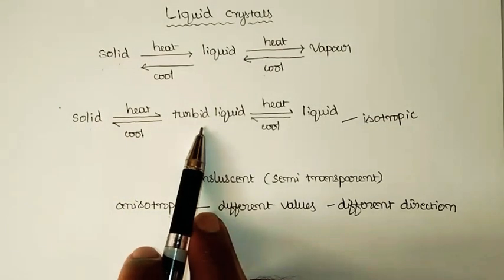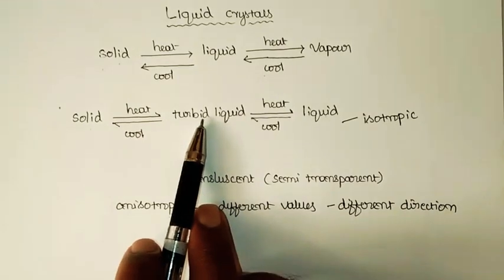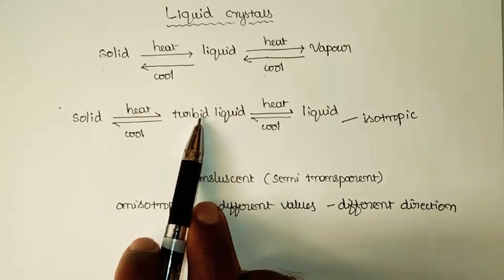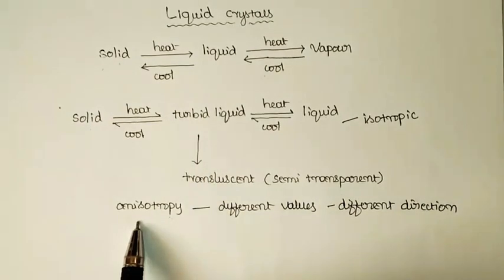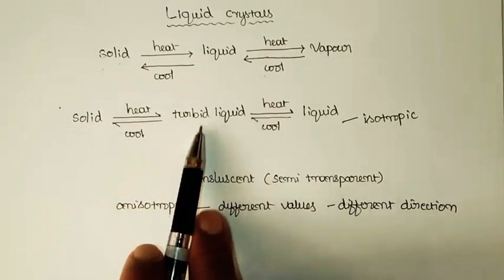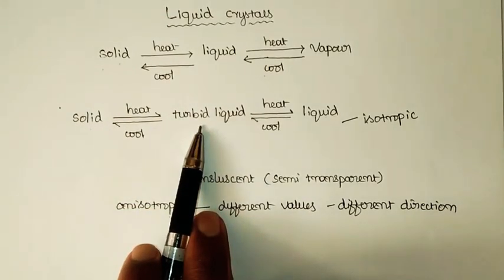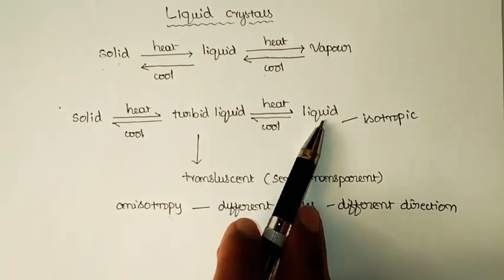That means the turbid liquid, see, the name itself tells you, it is a liquid form, which has the capability to flow like a liquid. But since it exhibits anisotropic properties, this turbid liquid is an intermediate form between the pure crystalline state and a true liquid.